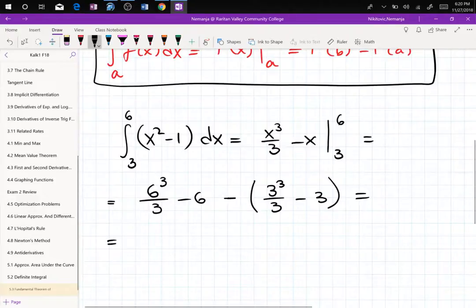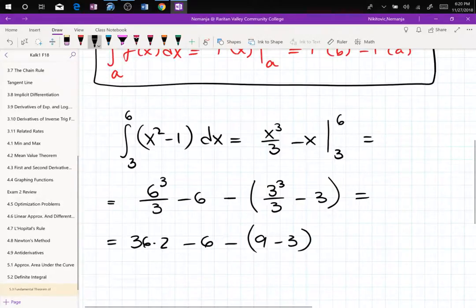So now, instead of writing this as 6 times 6 times 6, I'm going to say 6 times 6 times 2. So that's 36 times 2. Because the last 6 canceled with a 3, right? Got a 2 up there. Minus 6 minus 9 minus 3.